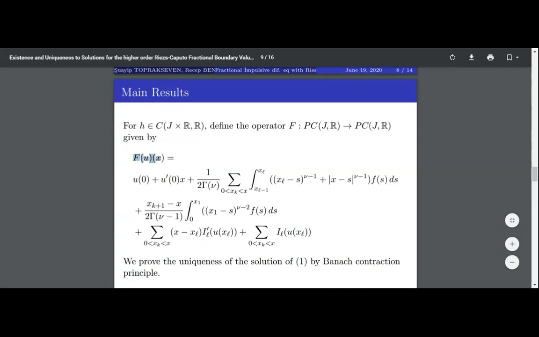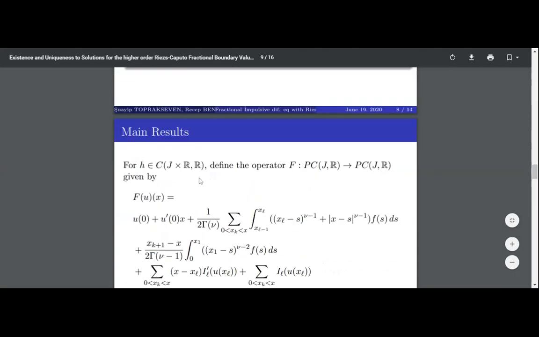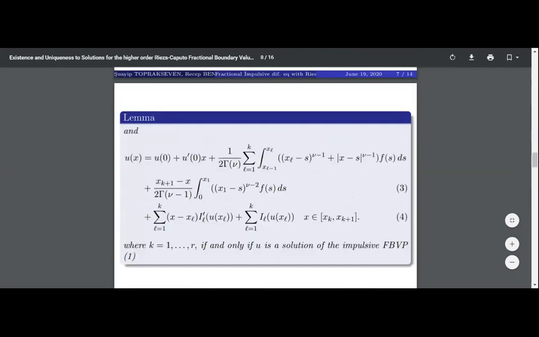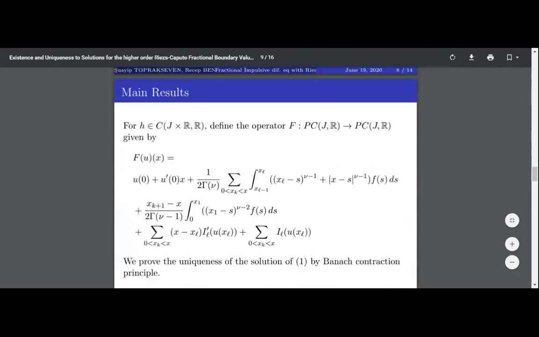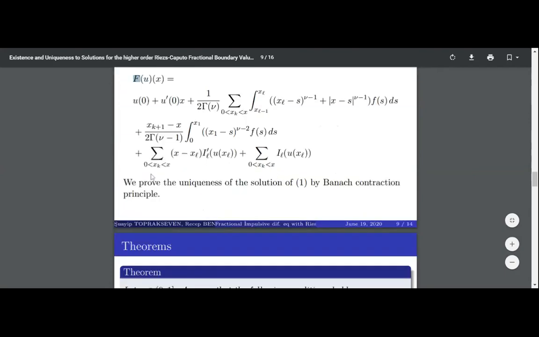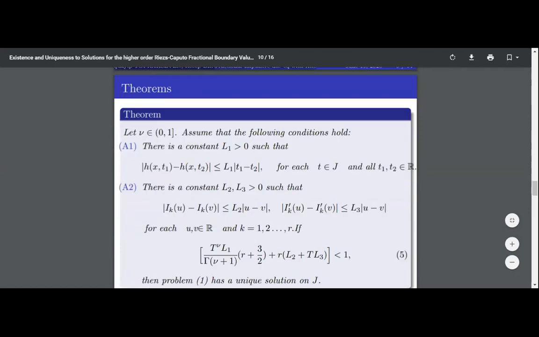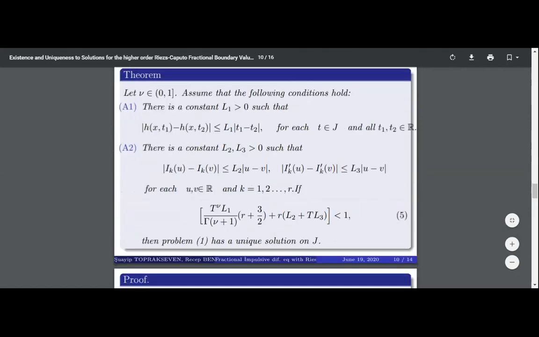So we define the operator F as the solution of this problem. Clearly, a solution u must be a fixed point of the operator F. This is the main idea. Our theorem is this, but it has some assumptions.